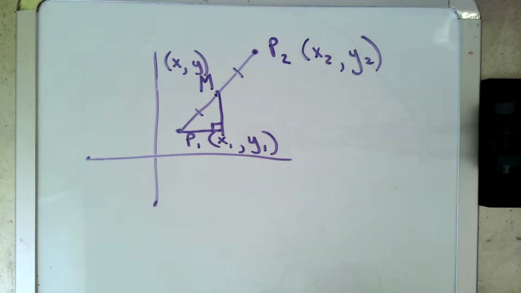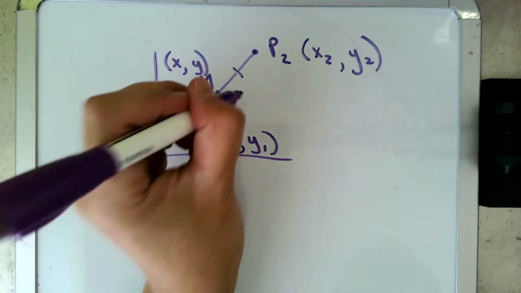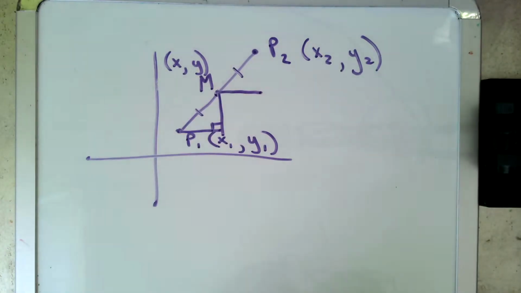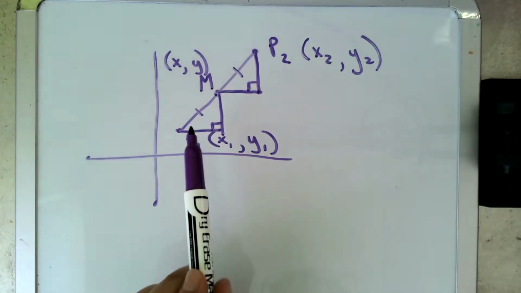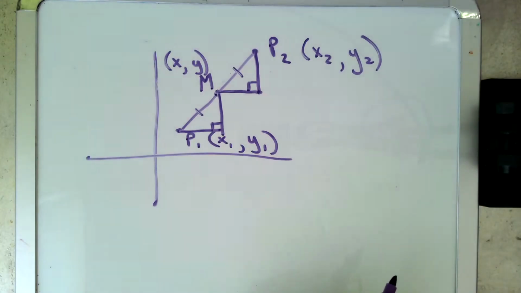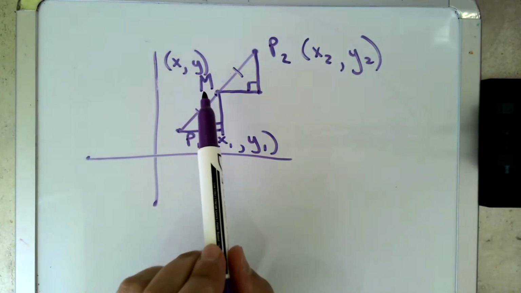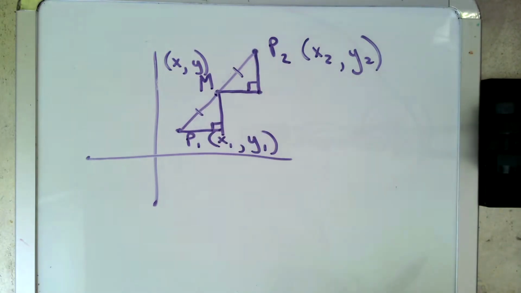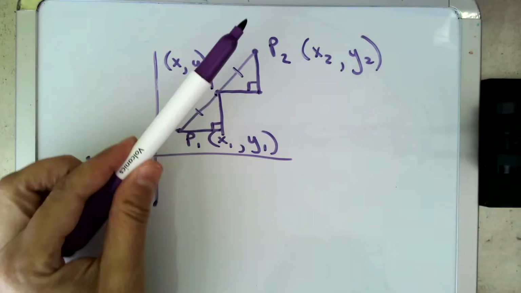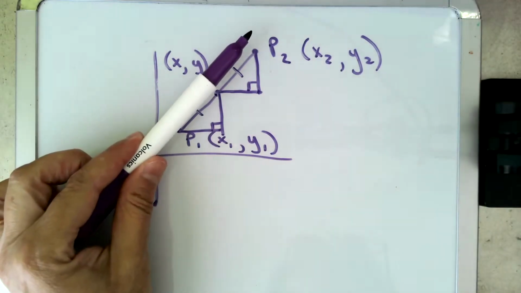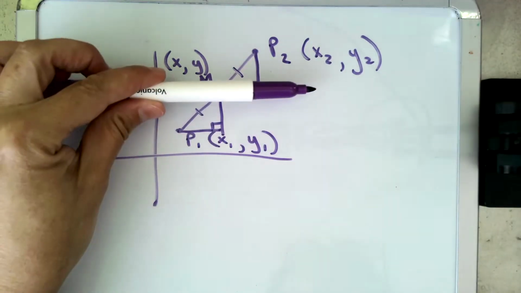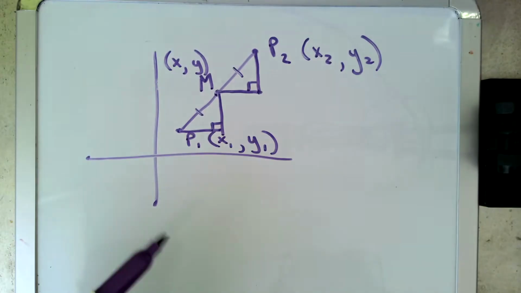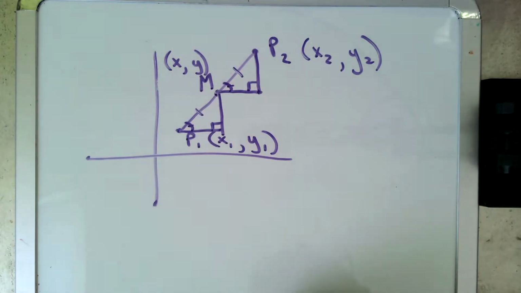I'm going to draw a line parallel to the horizon and drop the vertical down from point 2, creating two right triangles. Now, by definition of the fact that it's the midpoint, I know that the hypotenuses are congruent. But what I also know, because this is a line and this is the horizon, is that that angle will be congruent to that angle.